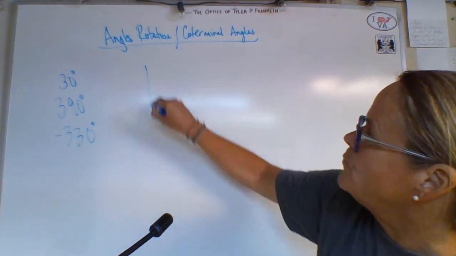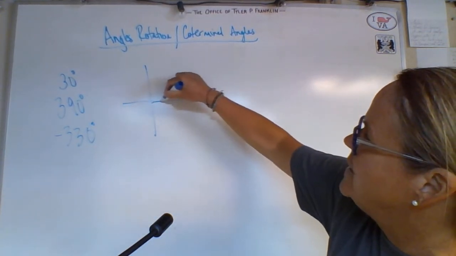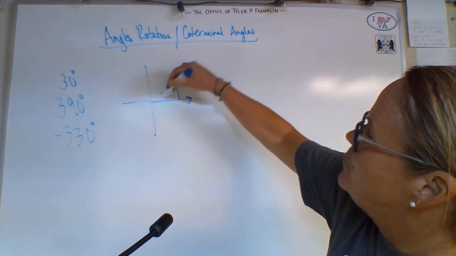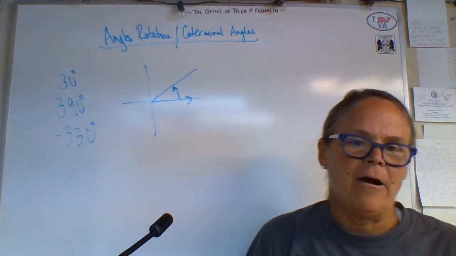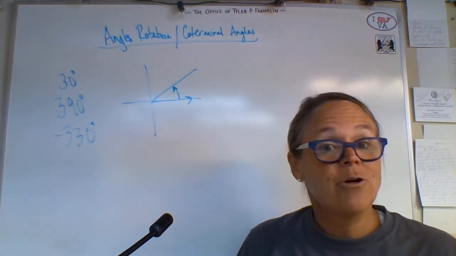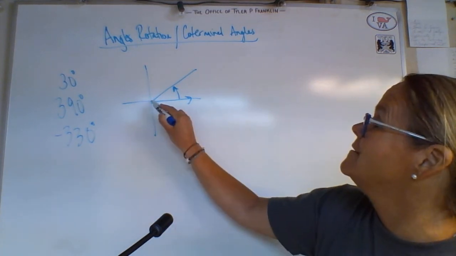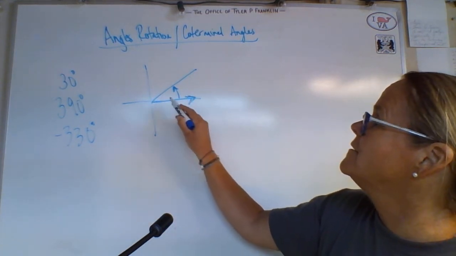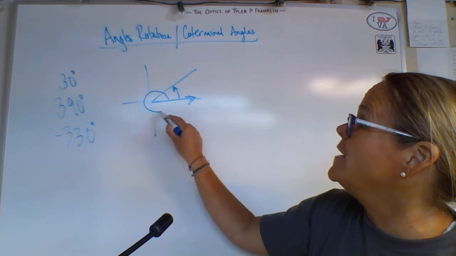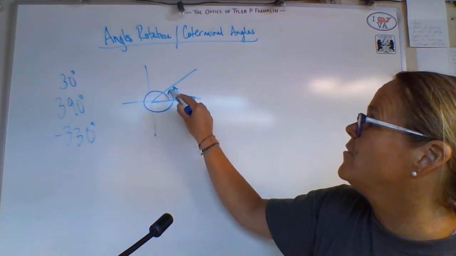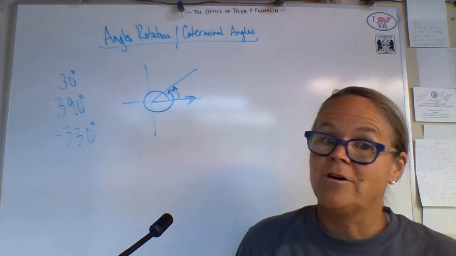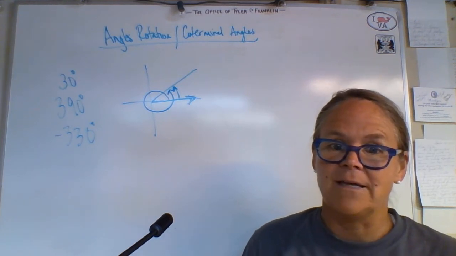Well, if I drew a 30, it would be there. If I drew a 390, well, I always start here. I would have to go 360 and 30 more. Started and stopped in the same place.